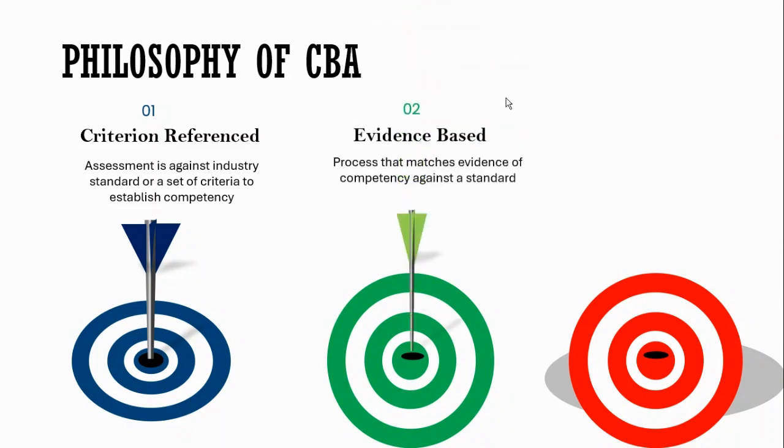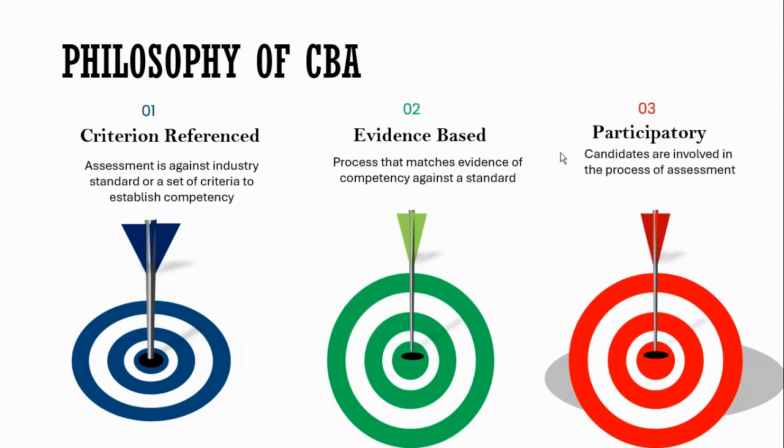Another aspect of the philosophy is that CBA is evidence based. So if you're saying a candidate or a trainee is competent, is there any evidence to support that? So it's a process that matches evidence of competency against a standard. Anytime you're going to measure or assess competency, it should be based on particular standards, and you need to collect evidence about that competency. And the last bit is that CBA is participatory.